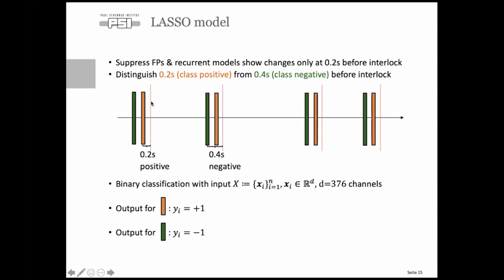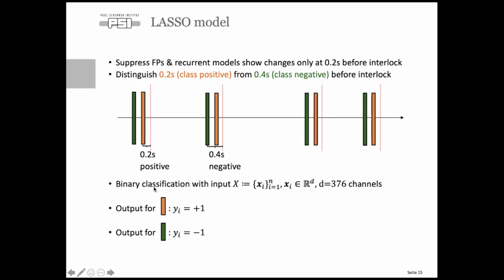We mark 0.2 seconds as the positive class and 0.4 seconds as the negative class. This becomes, again, a binary classification problem, but much simpler, because in this case the inputs are not a time window, but only the vector at one timestamp.